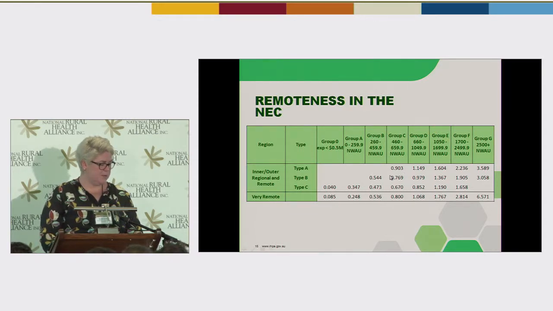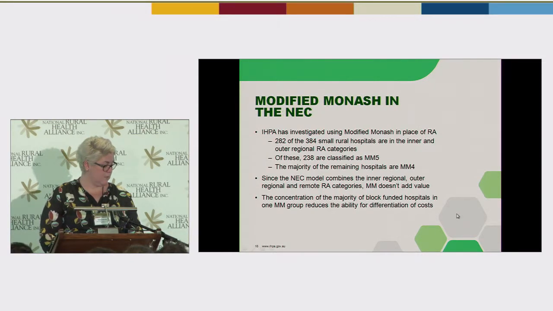So basically we split these 384 small rural hospitals into the groups represented here in this matrix. And we use those groups to allocate their expenditure. Just a little bit more detail about Modified Monash in the NEC.